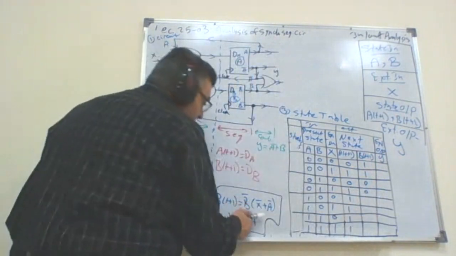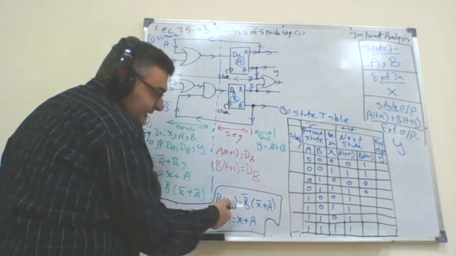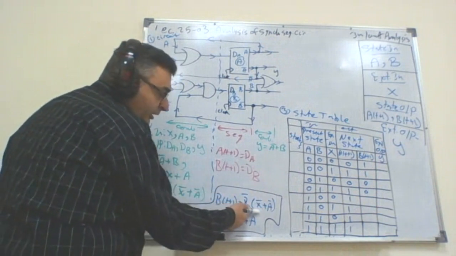Agree? When a equals 1, that means it is b bar x bar.